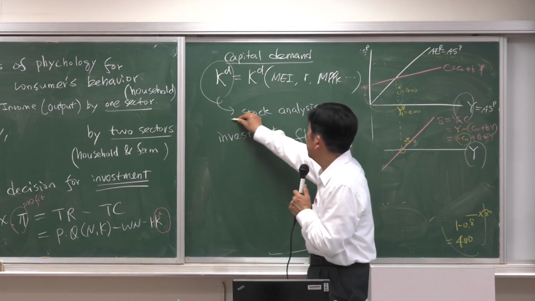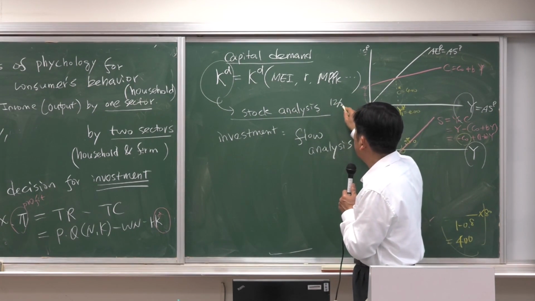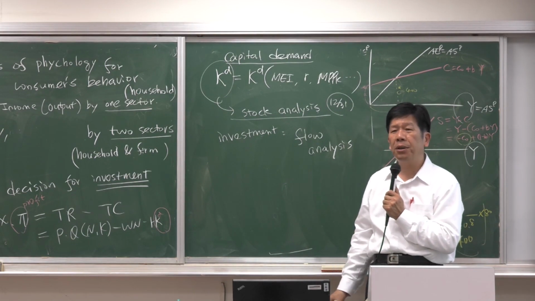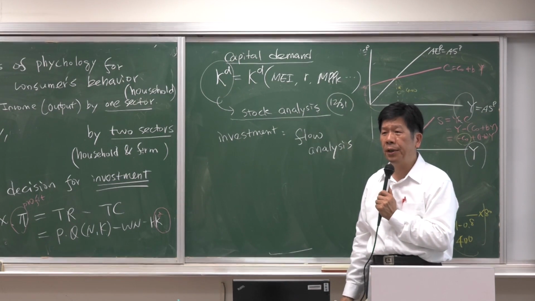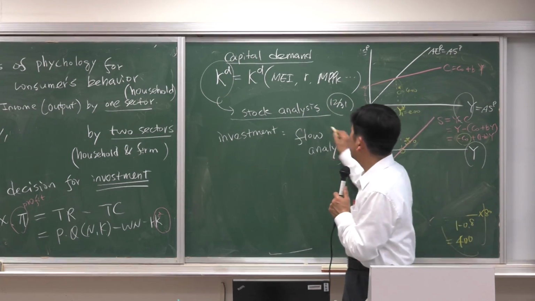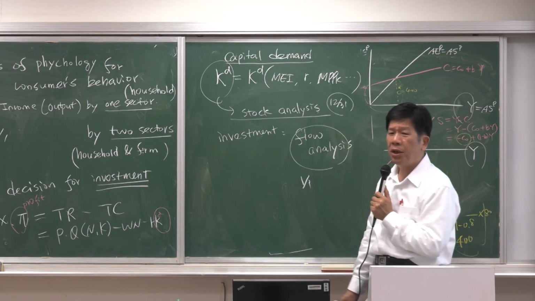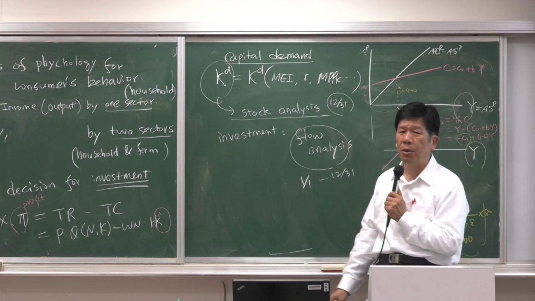This is the stock analysis. Okay, it's only at a point. It represents December 31. How much do you need for the stock analysis? But this is a flow. Flow represents 1 year. It's from January 1 to December 31.